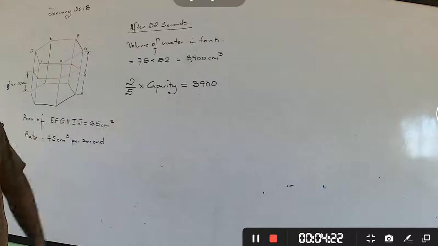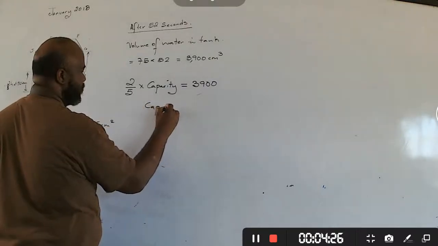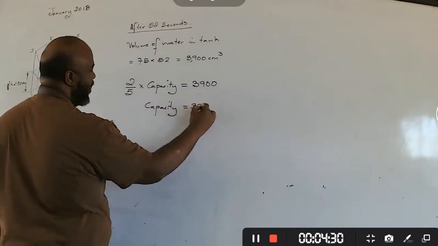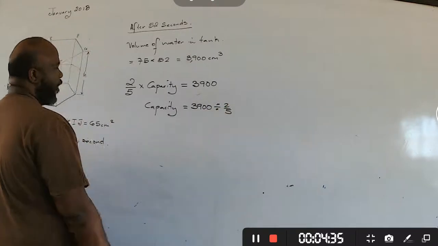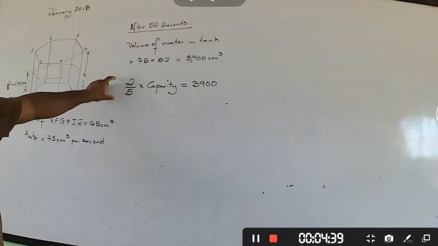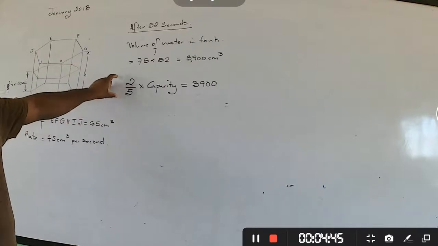What is the opposite of multiplication? The capacity is equal to 3,900 divided by 2/5. Or if you want, you could say it like this. If I have 2/5 here, how can I get rid of it?